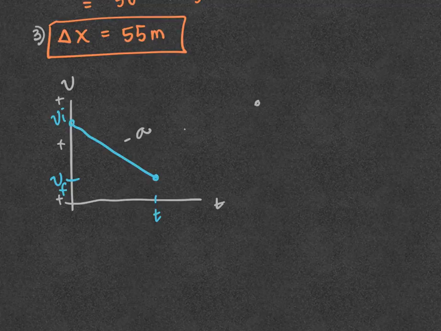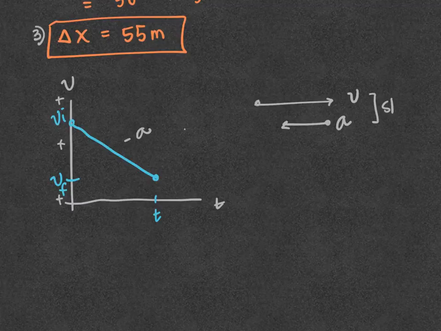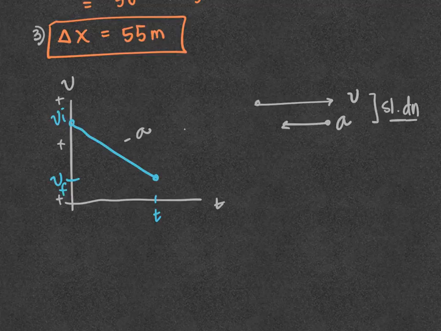When you have a positive velocity but a negative acceleration, you get a situation where there is slowing down. So in this case, our object is slowing down. It has a high initial velocity and a low final velocity.